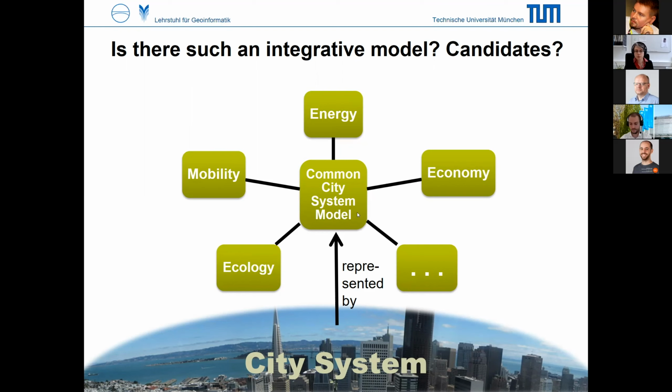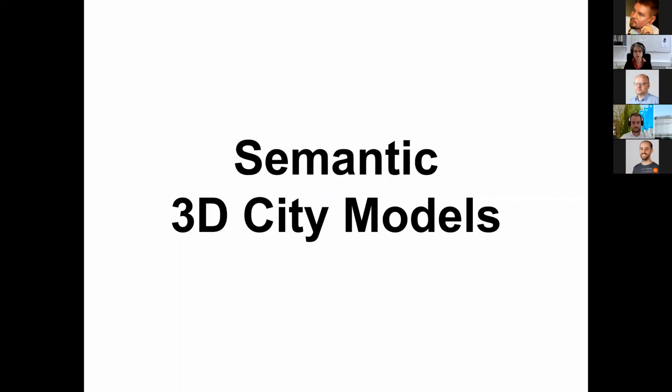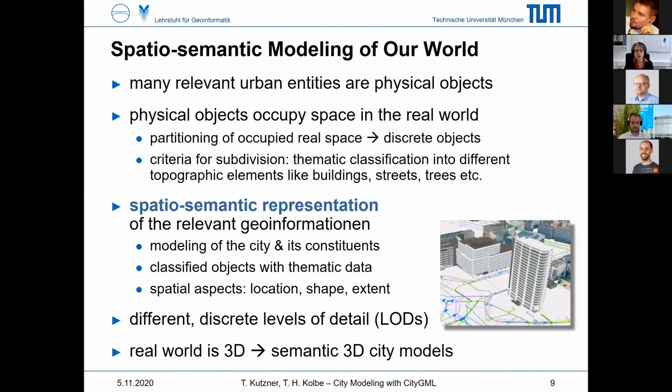So we have to look at what the candidates are for such an integrative model. And here the semantic 3D city models come into play. We have to look at our world from a spatial semantic view.